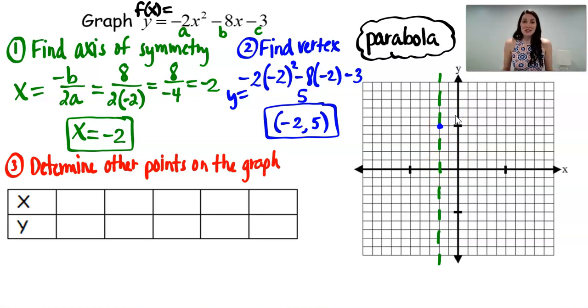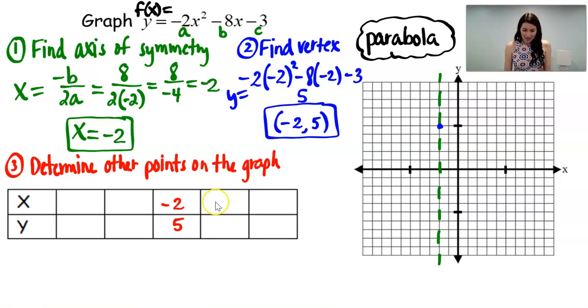Now to finish graphing the parabola, we need to move on to step 3, which is determine other points that would be on the graph. Now what I like to do is I like to make a table similar to this. And what I do then is I put the vertex, the point negative 2, 5, right in the middle. And I like to pick 2 points on the right side and then 2 points on the left side of the vertex.